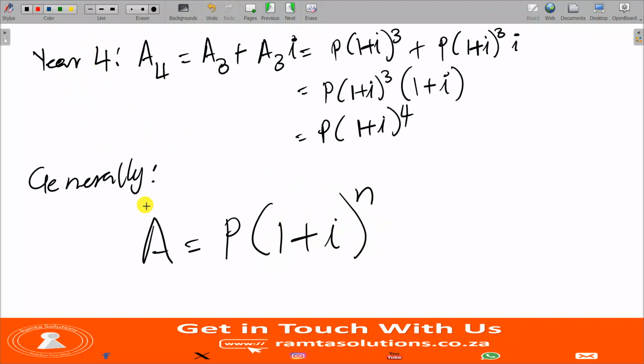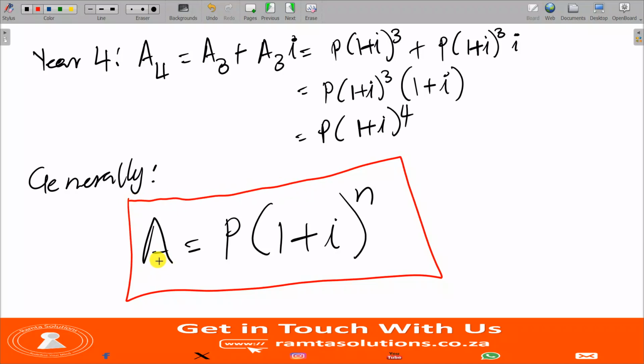By now you recall that A is the accumulated amount of the investment after some time. P is the amount that you are depositing, investing, or loaning. i is the interest rate, and n is the number of years.